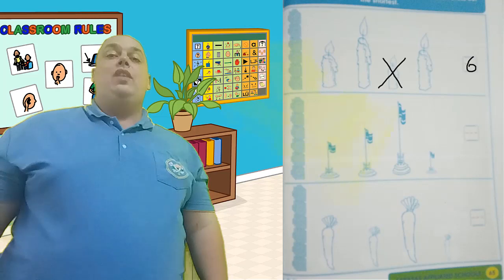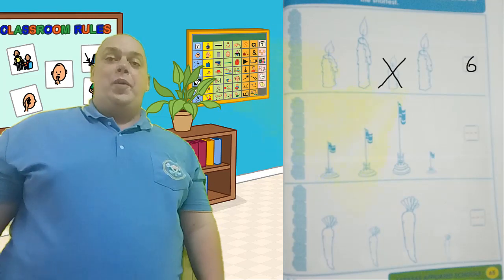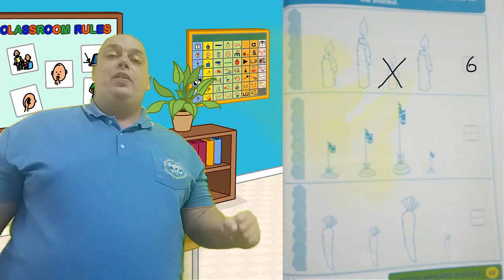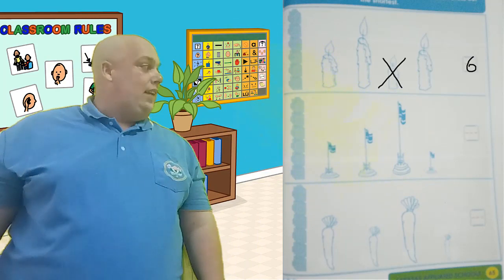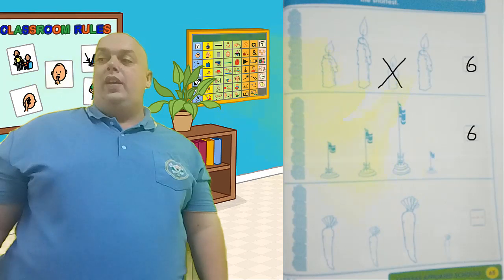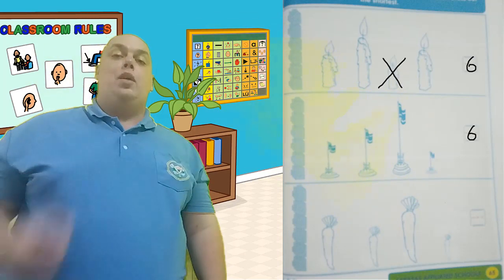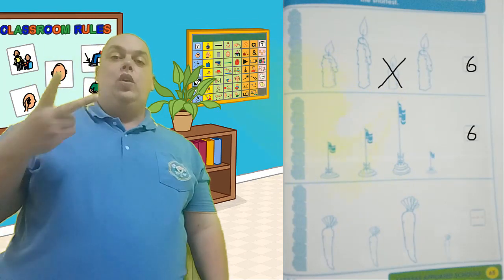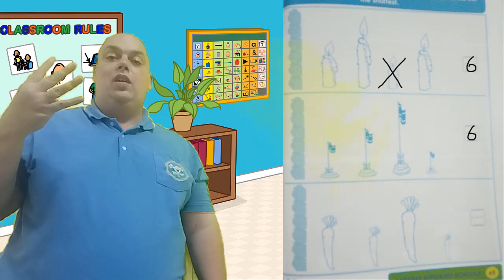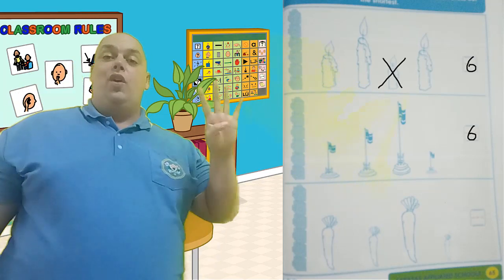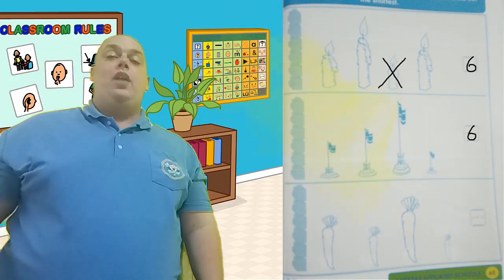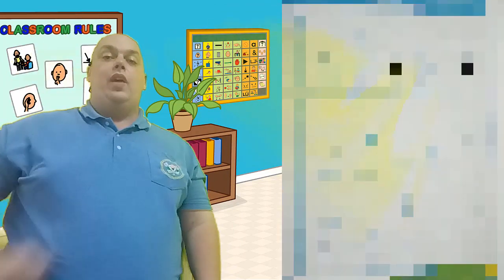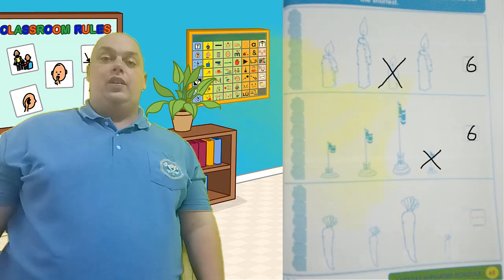So the flag is 6 blocks tall. So write number 6 in the box at the end. Just like that. Now, which one is the shortest? Is it flag number 1, 2, or 4? Yes, flag number 4 is the shortest. So again, we're going to cross out the shortest.